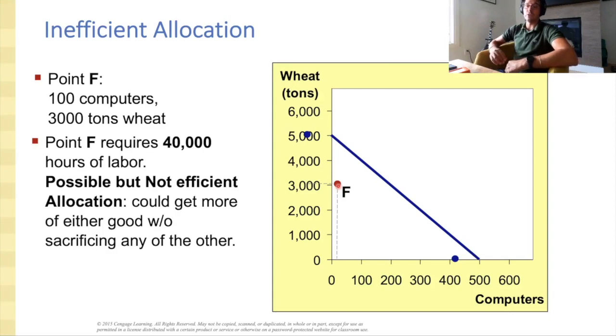But I would argue that in general, during a recession, the economy lives in inefficient allocations. What does it mean? They could get more out of the scarce resources, for instance, by employing the people that are unemployed. So this, if you want, is an example of a recession, this F point.